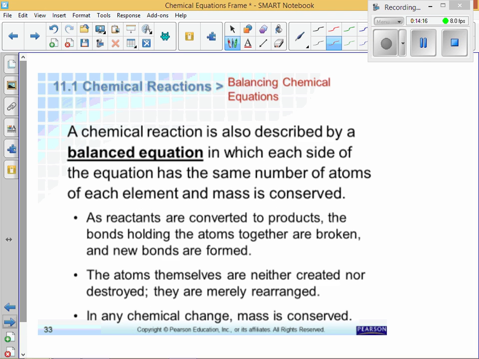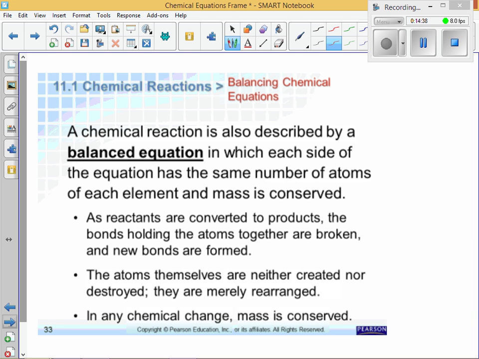I'm going to touch on balancing equations so that you can do that first part of your worksheet. Okay? A balanced equation has the same number of atoms of each element on both sides of the equal sign. It's just like algebra, okay? The 2 sides have to equal. Do we create mass? Do we destroy mass? No. Do we destroy atoms ever?